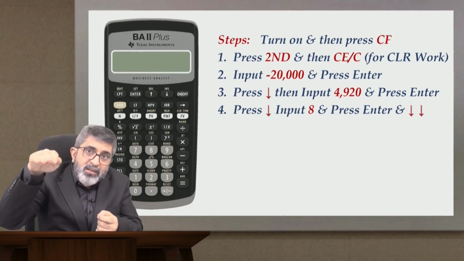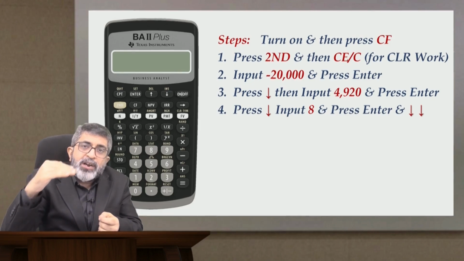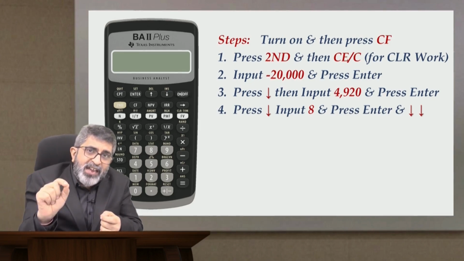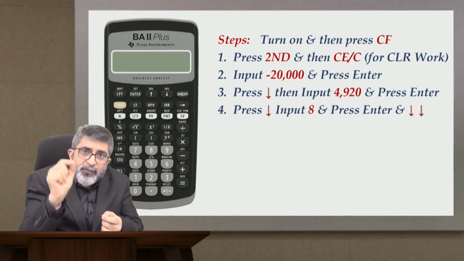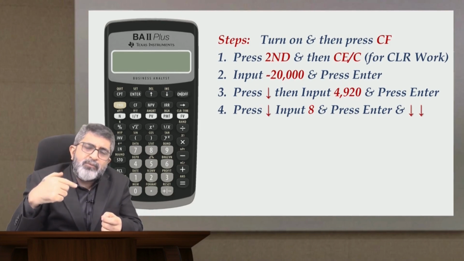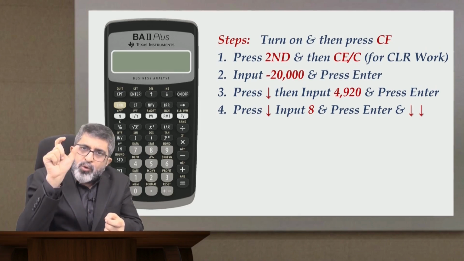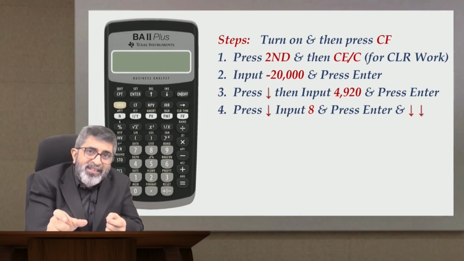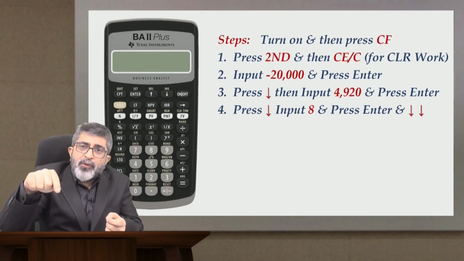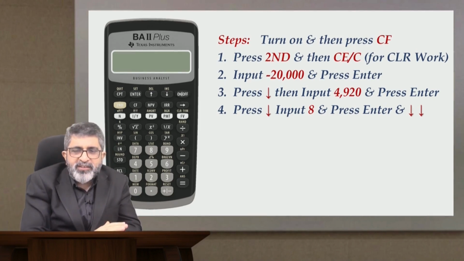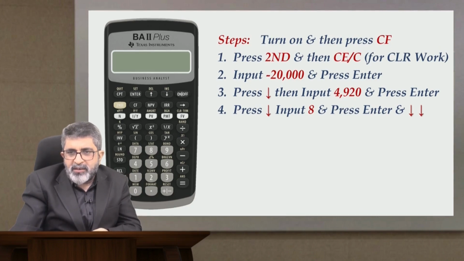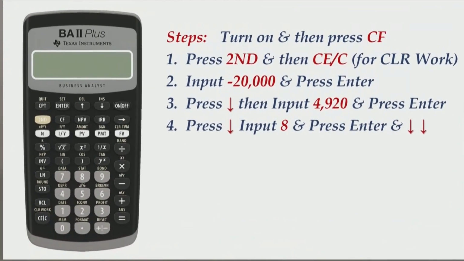So in case of different amount of cash flow, each year's cash flow was fed as an input separately with frequency as 1. In case of annuity, you input the cash flow once and as many number of years that you set as frequency.